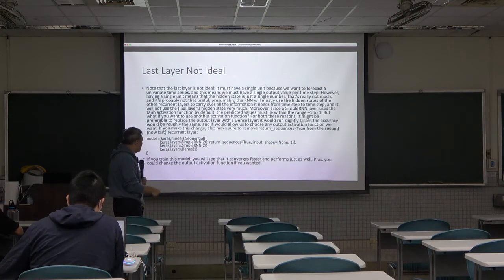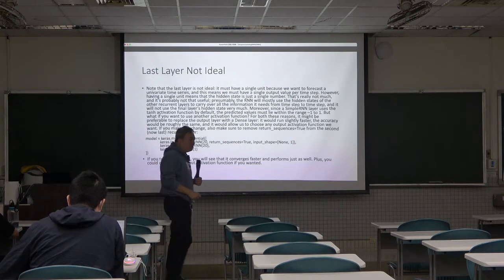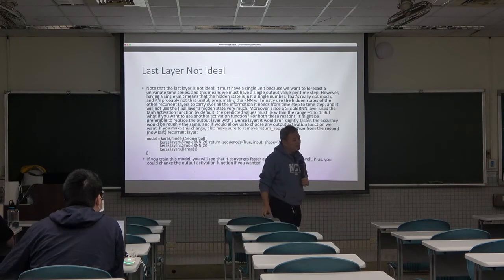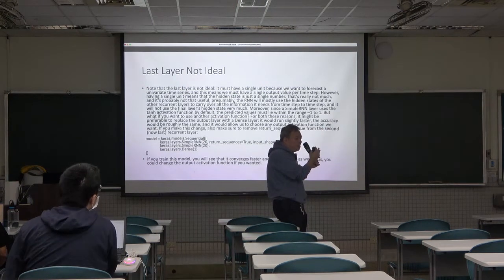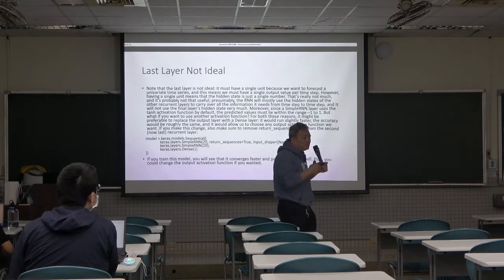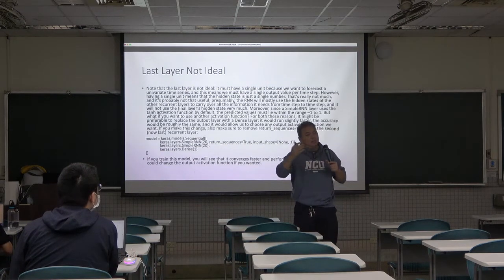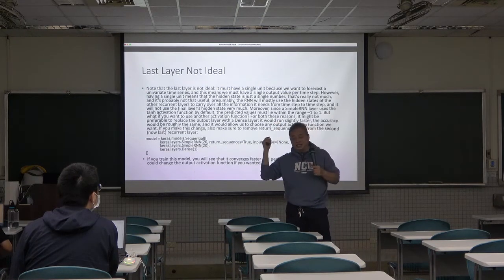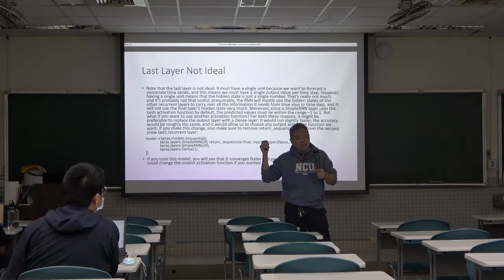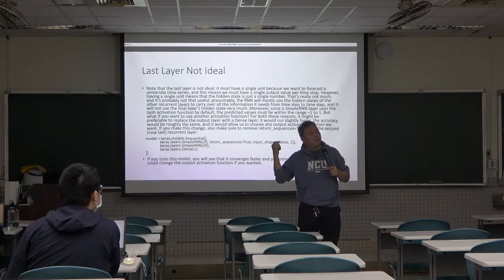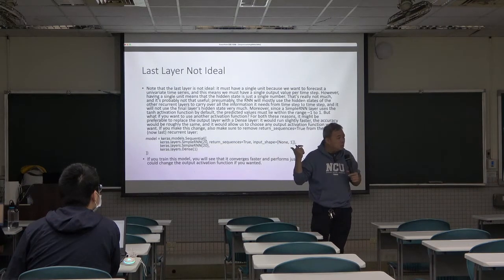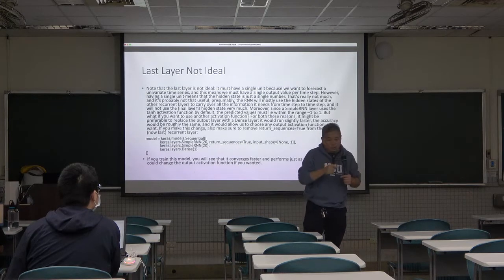If you train and compile this model, first it converges faster, and there are several reasons for that. First, the last layer doesn't need to go through backpropagation through time, which requires more resources to train than the dense layer. Second, by default the dense layer activation function is ReLU, and ReLU is easier to converge than hyperbolic tangent.